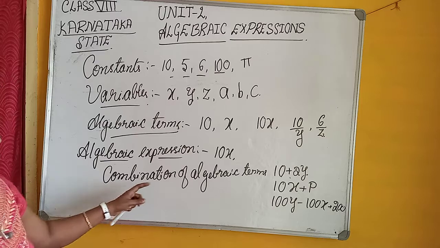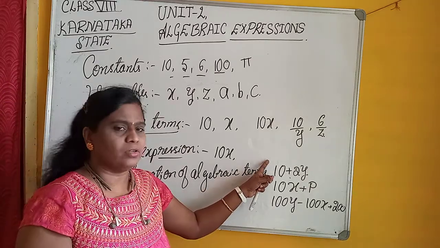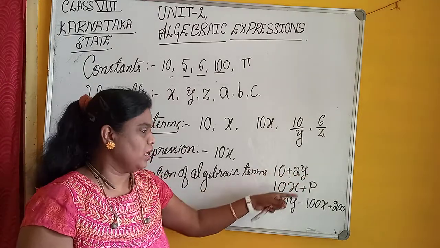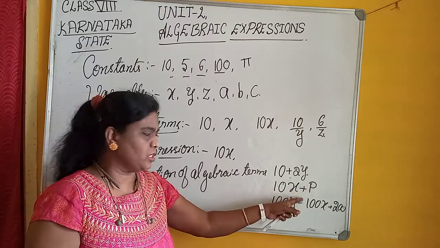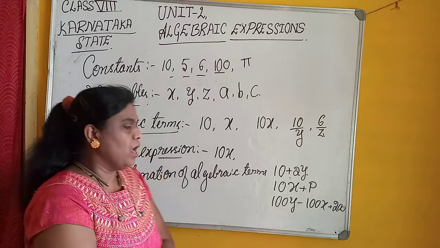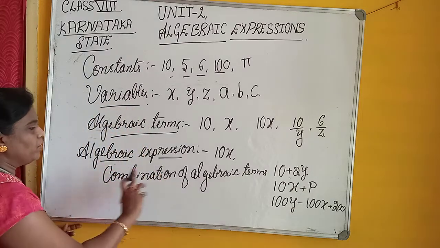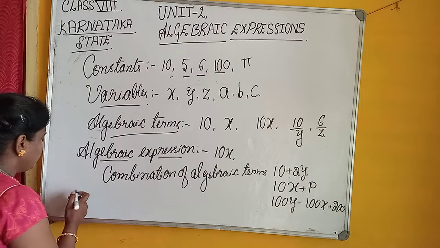A combination of algebraic terms may be a constant and a variable by addition or subtraction, and also under multiplication, a combination of algebraic terms by multiplication.